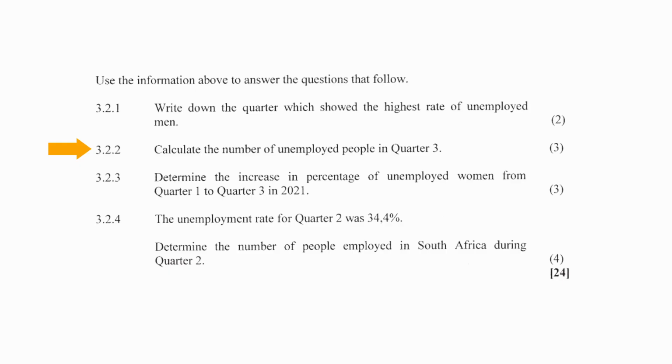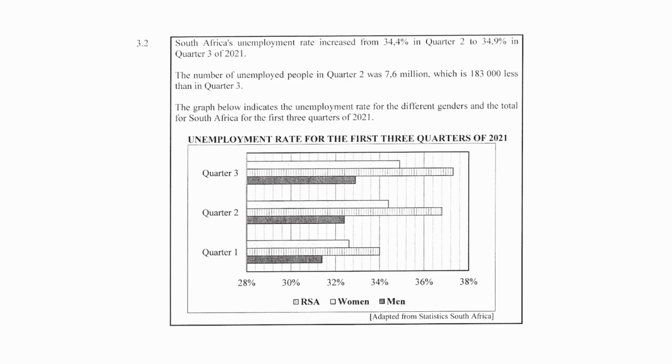In question 3.2.2, you have to calculate the number of unemployed people in quarter 3. From the information given in question 3.2, we see that the number of unemployed people in quarter 2 was 7.6 million. This was 183,000 less than quarter 3.